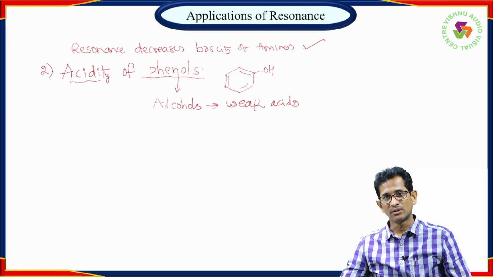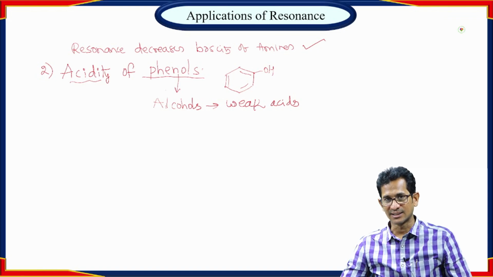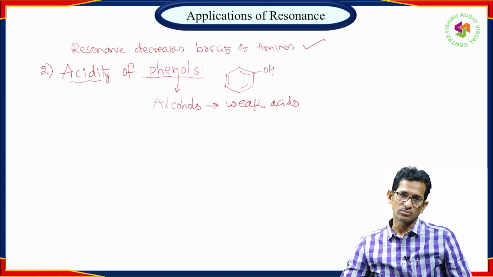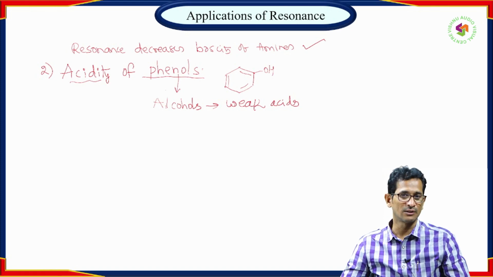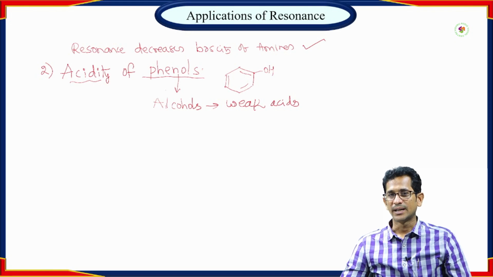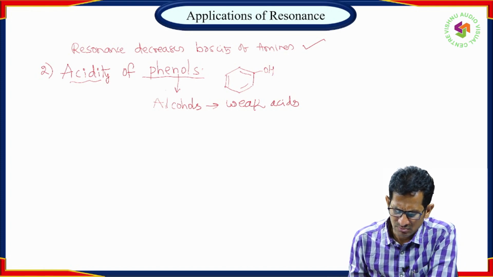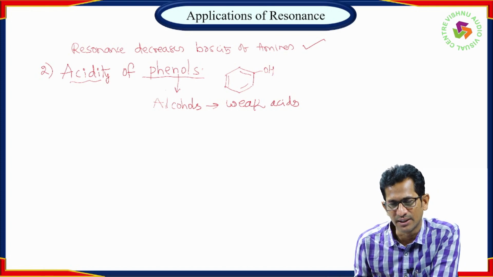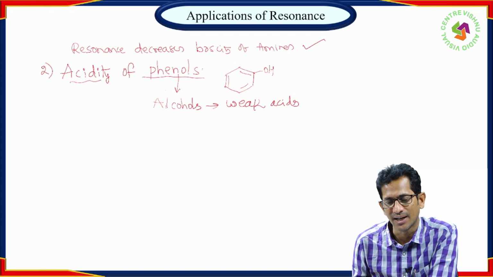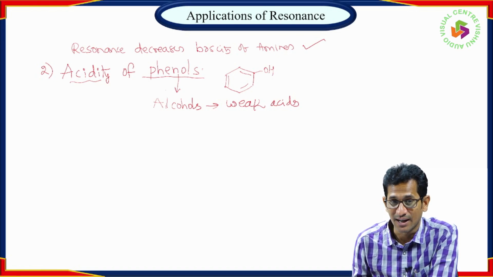But here phenol is acting as a strong acid in general. How will you justify why phenol is a strong acid even though it comes under alcohol? That will be better explained by the concept of resonance, right? So what is an acid generally? The loss of H plus is called an acid.